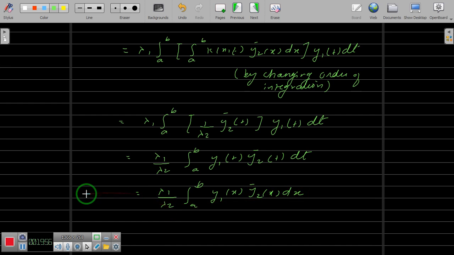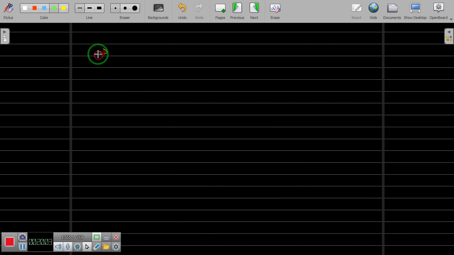Now you take this lambda to that side and shift all the terms together, we will get (lambda 1 minus lambda 2) integral a to b y1 of x y2 bar of x dx equals 0.